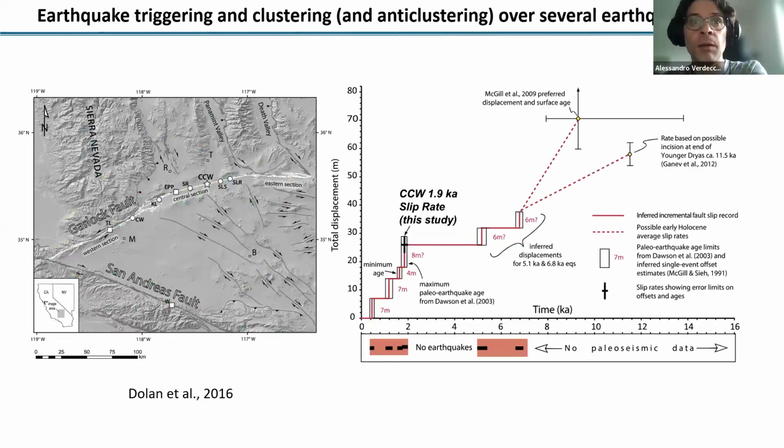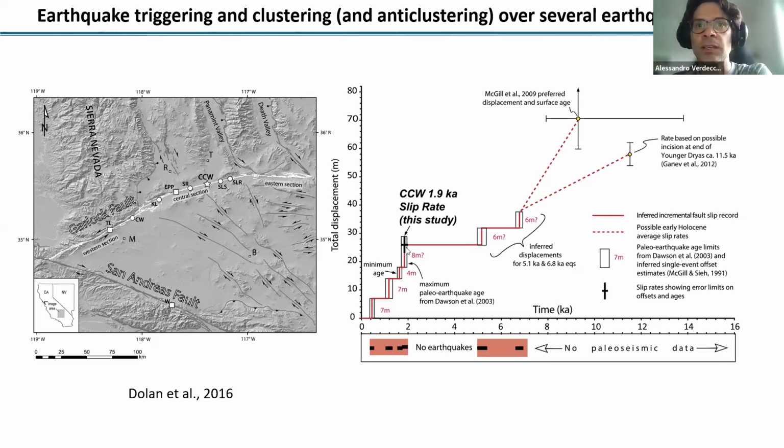I was talking about the Garlock Fault, and a similar thing happened on the Garlock Fault, but this clustering happens within the same fault. If you remember before, the paleoseismological dating and the events on the Garlock Fault were heterogeneously distributed in time.